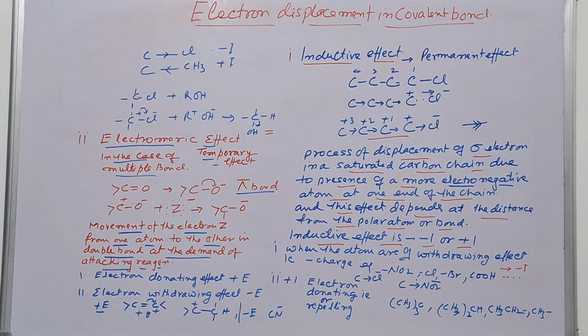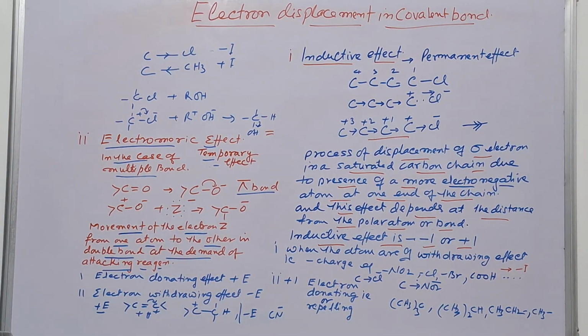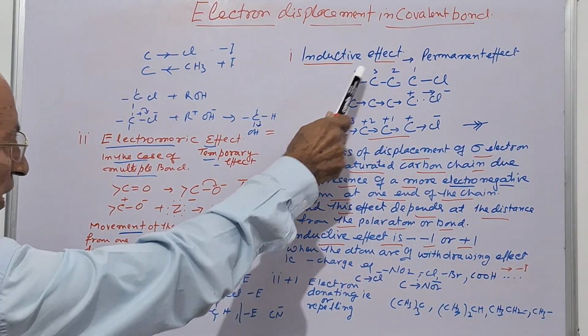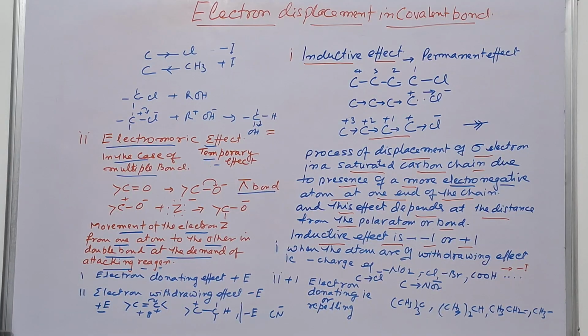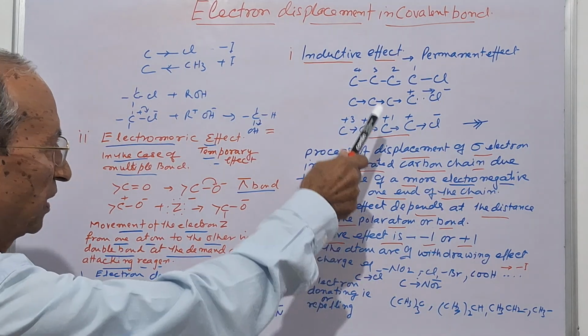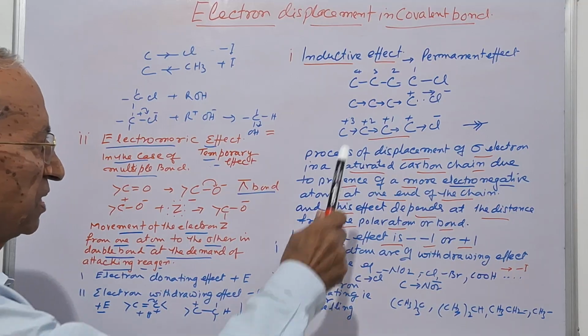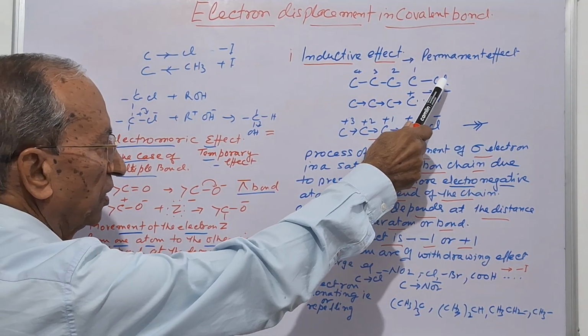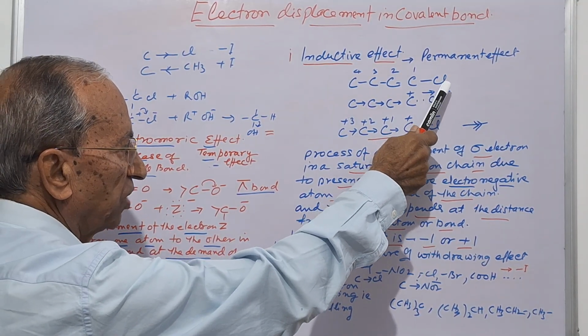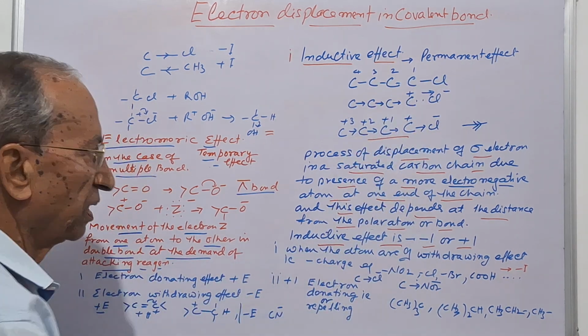Now the main differences between the inductive effect and the electromeric effect. The inductive effect takes place in saturated hydrocarbons, while the electromeric effect takes place in multiple bonds. Second, in the inductive effect there is no need for an attacking reagent, but the condition is that the electron donating or withdrawing group should be at one end of the chain.